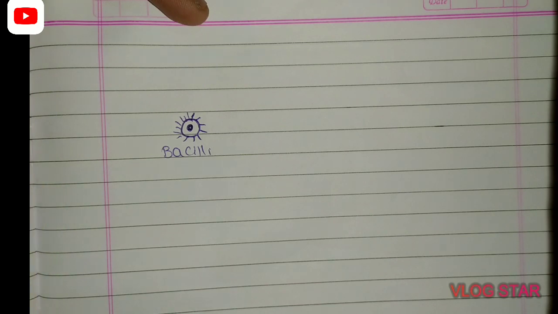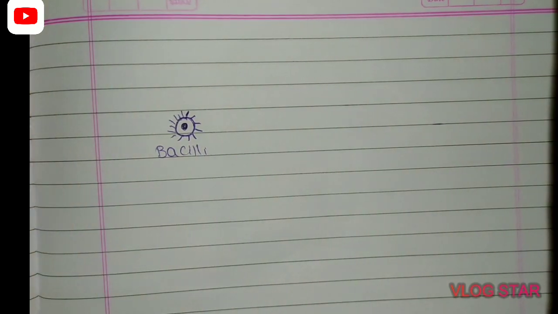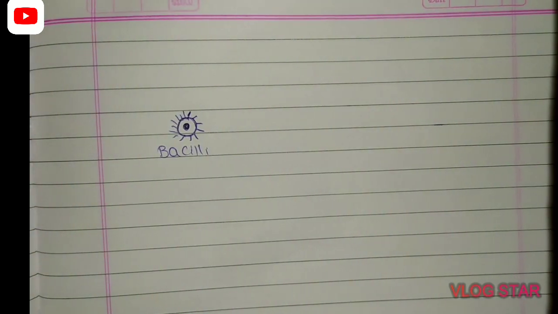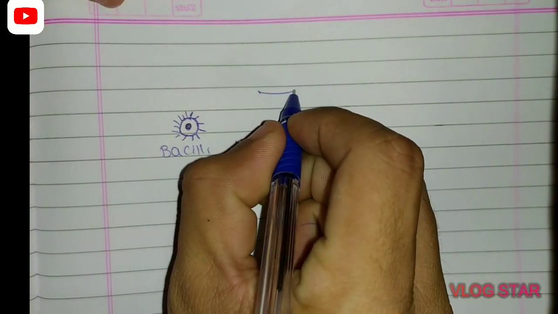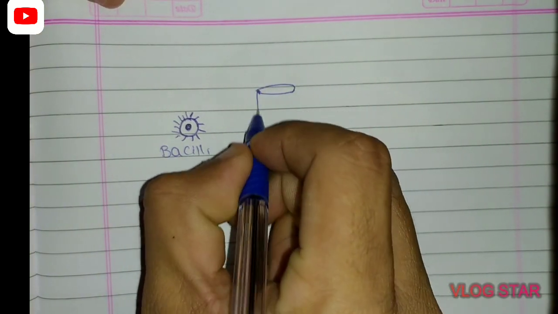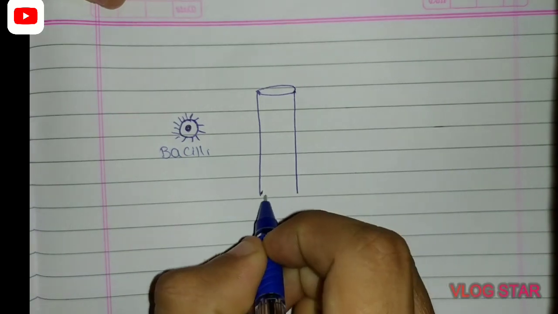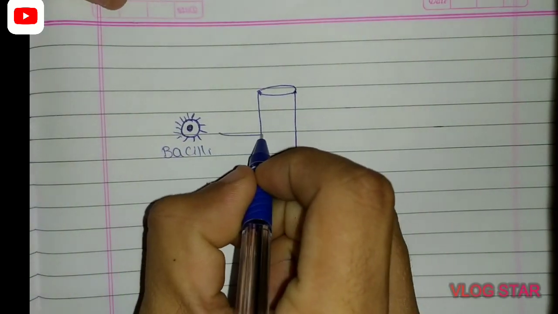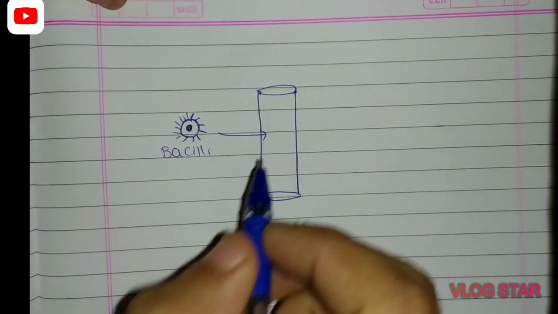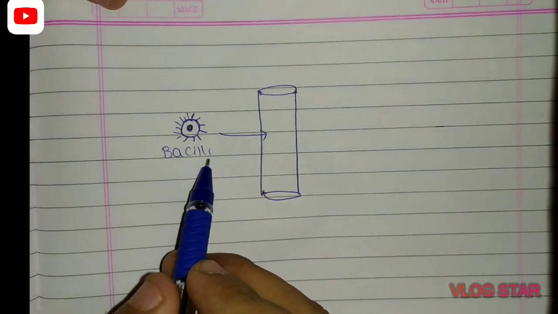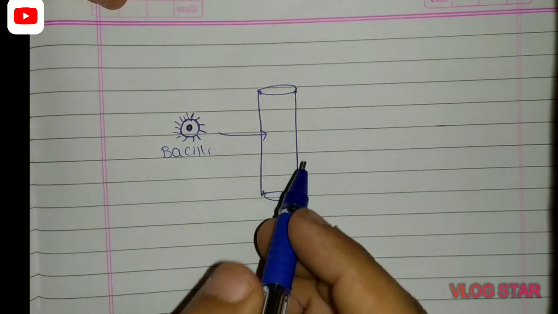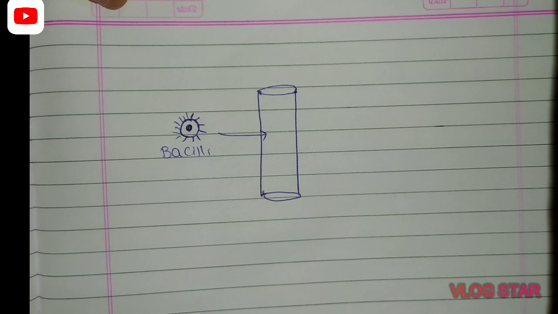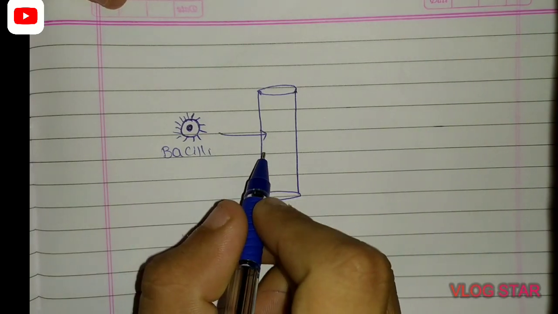When this bacteria or bacilli enters into the body or into the blood, suppose it enters into a blood vessel, it further damages the blood vessel or our body parts by releasing its toxins.